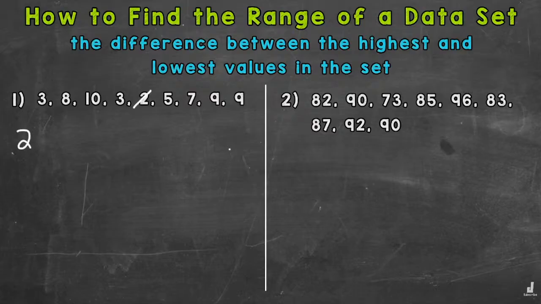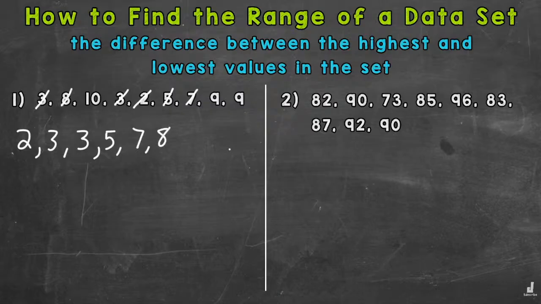So I put my 2, then we have 2 3s, and I'm crossing those numbers off as I go along. That way I don't miss anything and I don't count anything twice. Then we have a 5, a 7, an 8, 2 9s, and lastly a 10.